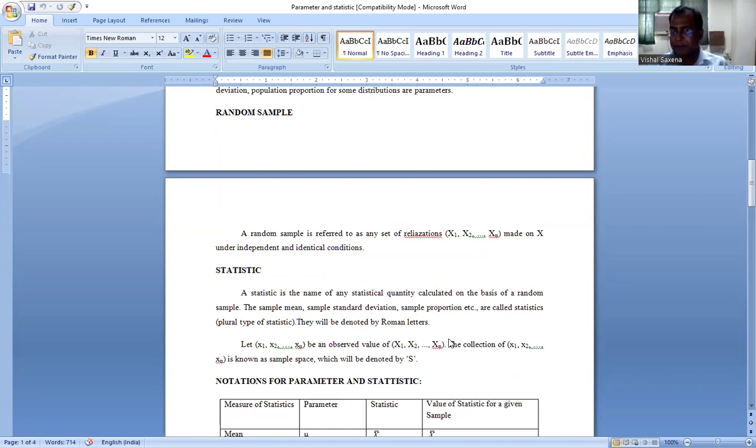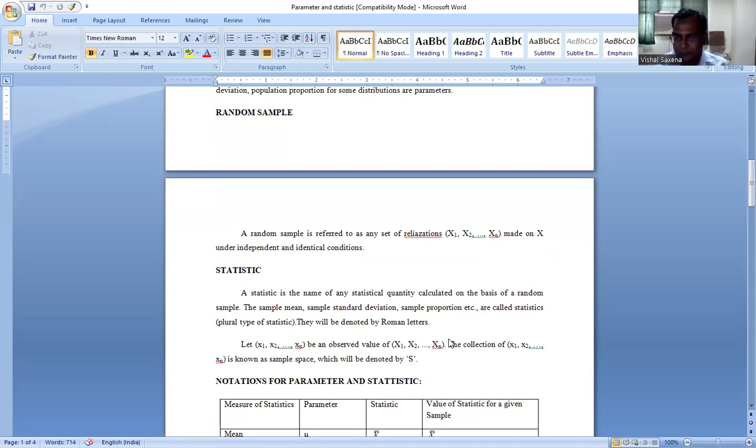So the sample mean, the sample standard deviation, and the sample proportion are statistical quantities defined for the sample.